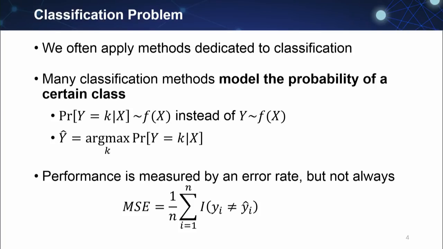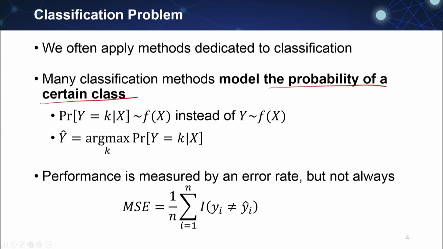In the classification problem, the output variable y is a category or class of a sample. So fitting the class of a sample itself is not easy to express mathematically. Instead, many classification methods try to model the probability of a certain class.